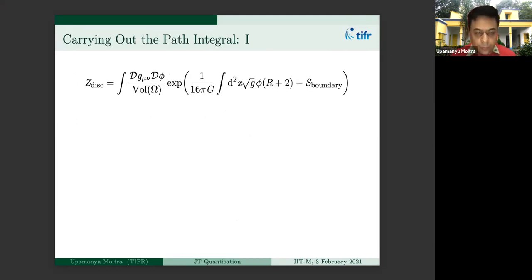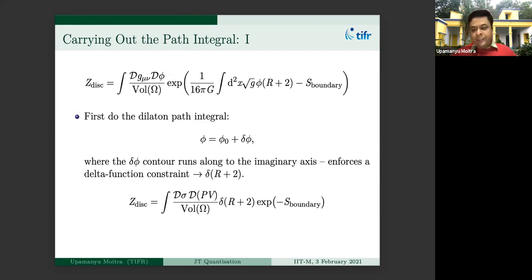So now we want to carry out the path integral in several steps. So we have the disk path integral. Let us go back to the beginning. We had the measure for g_mu nu, the measure for phi, the volume, and the action. So we'll first do the dilaton path integral. So we take phi to be some phi_0, which is some classical solution of the dilaton, and some delta phi.